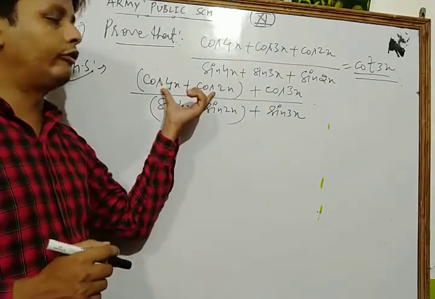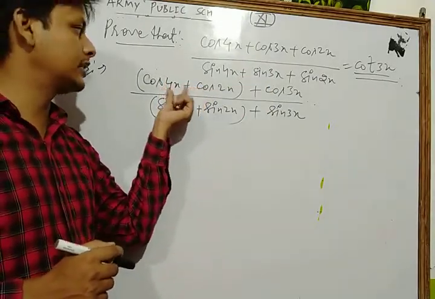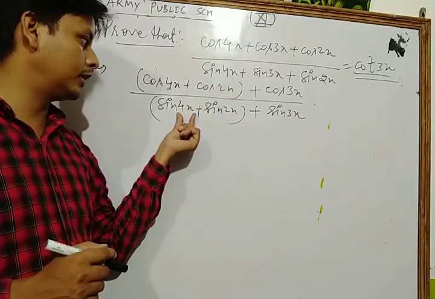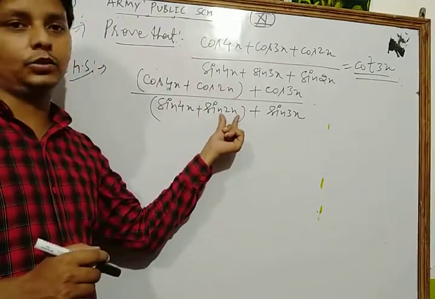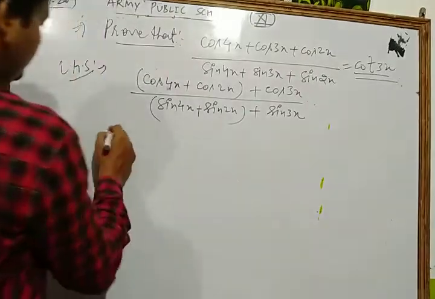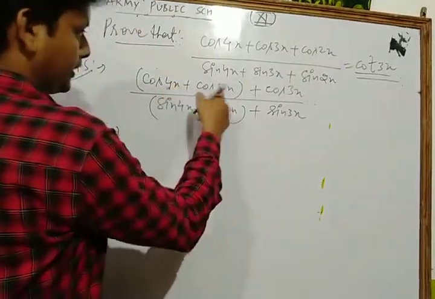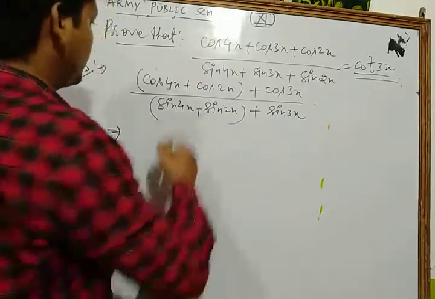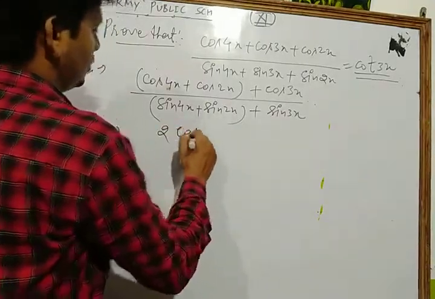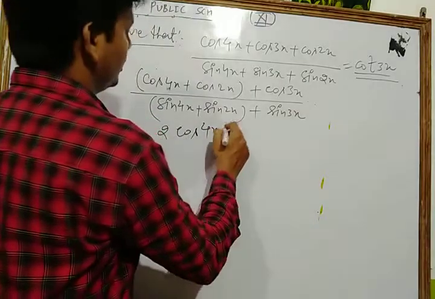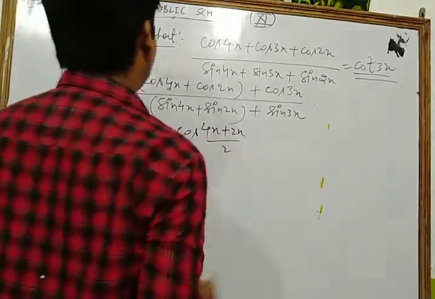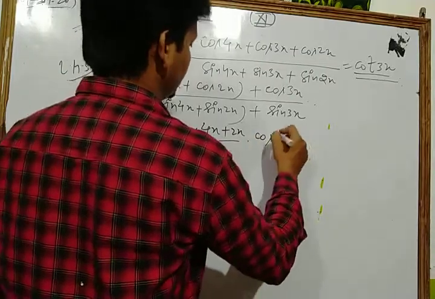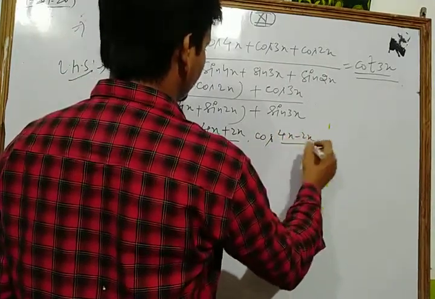Here first we apply the formula cos C plus cos D, and in the denominator we apply the formula sin C plus sin D. Okay, now let's see. Cos C plus cos D, what is the formula of that? 2 cos (C plus D) by 2 into cos (C minus D) by 2. So 2 cos (C plus D) by 2 into cos (C minus D) by 2, that is (4x minus 2x) upon 2.